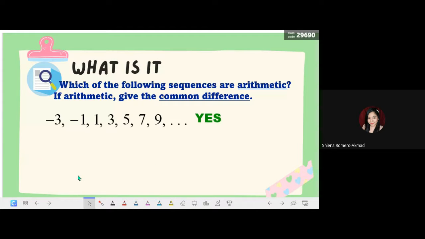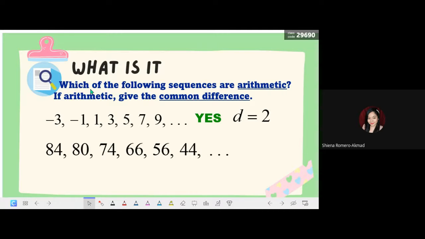Next. Ay, sorry. So, sample na lang to, no, na lumabas na yung answer. So, yes, it is an arithmetic sequence. And as you can see, their difference is 2. Next. Ayan. Is it arithmetic sequence or not?